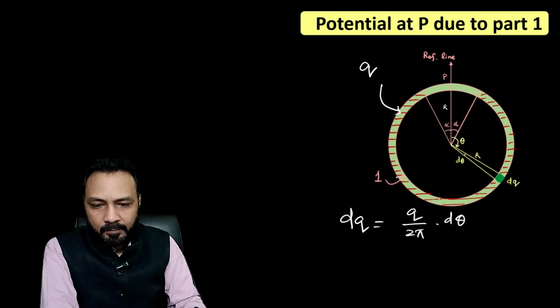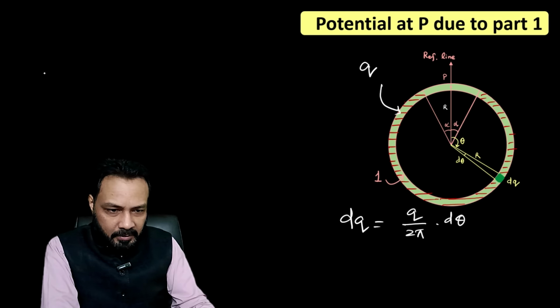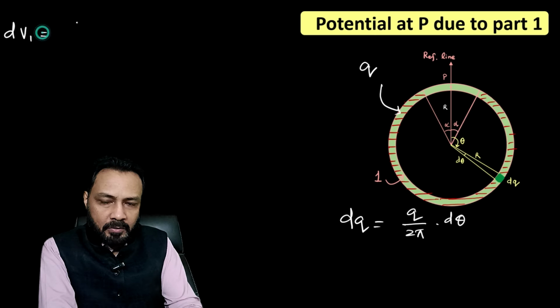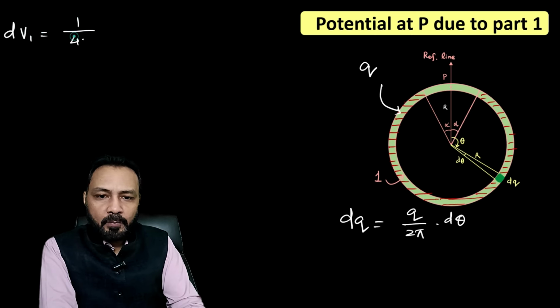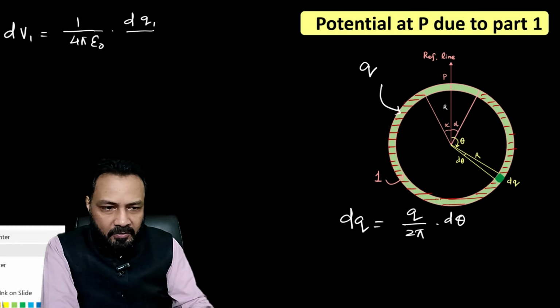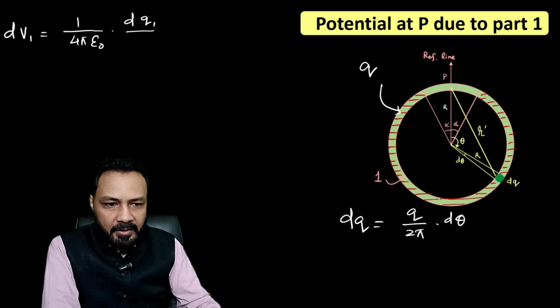due to part 1. So the potential at P due to part 1 for this element dq, say that potential is dv1, and this is equal to the potential of a point charge, formula 1 over 4 pi epsilon naught, dq divided by the distance of this element to the point P, say r dash.